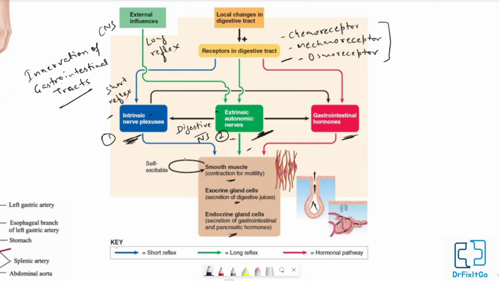The intrinsic component is called the enteric nervous system, also known as the little brain or second brain, because it can operate independently. It is further divided into the myenteric and Meissner plexus.